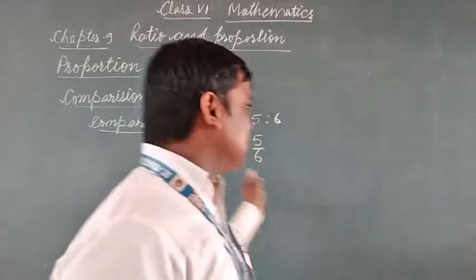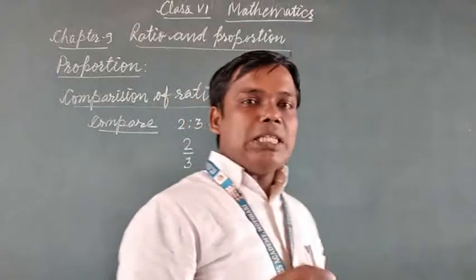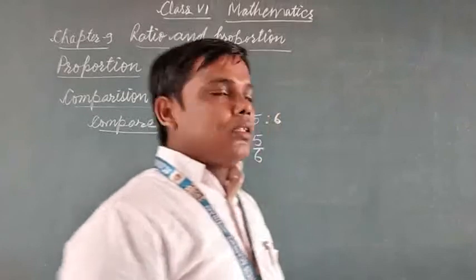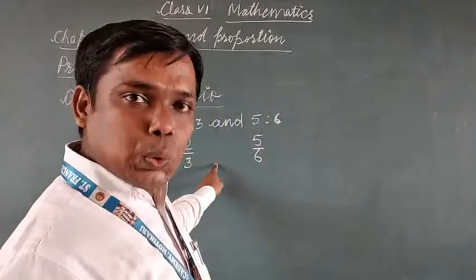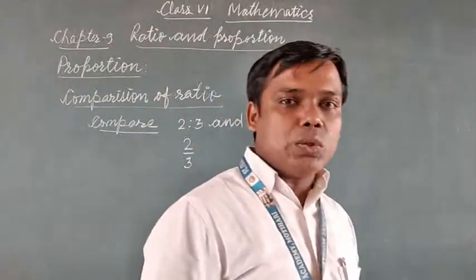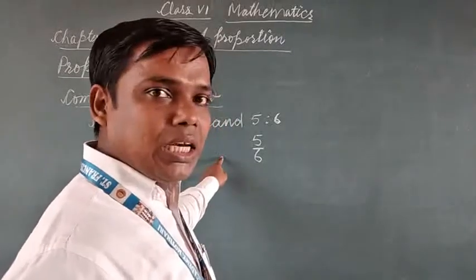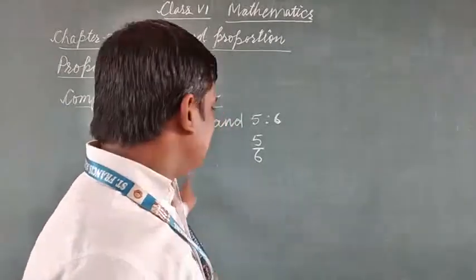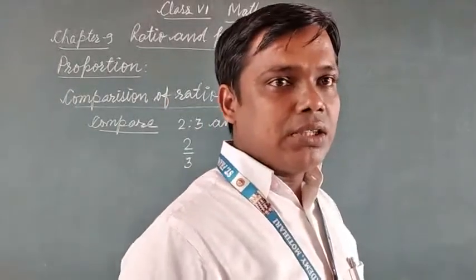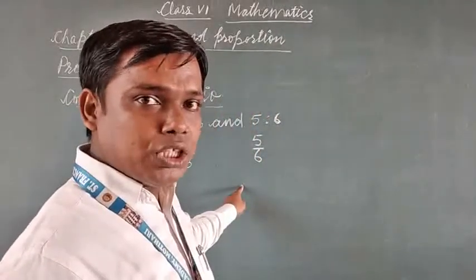First of all, we make like fractions, or another method is that we use the cross multiplication method to compare two fractions. Here also we have the same method to apply, either by writing these two ratios in like ratio by making their denominators equal, or we can use the cross multiplication method to compare these two ratios.